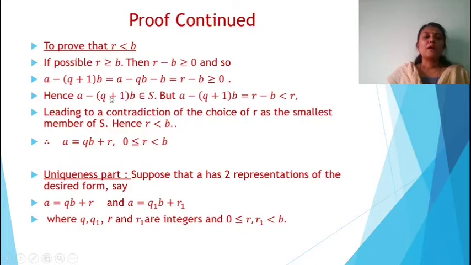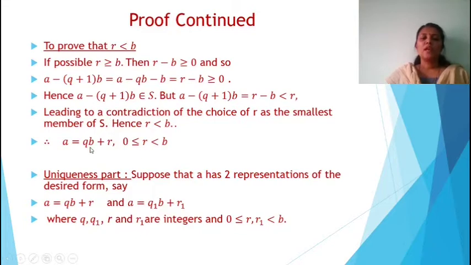Hence a minus (q plus 1) b is an element of S, but a minus (q plus 1) b is equal to r minus b, which is less than r. By the well ordering principle, r is the smallest number. So we have a contradiction of the choice of r as the smallest member of S. Hence r is less than b.